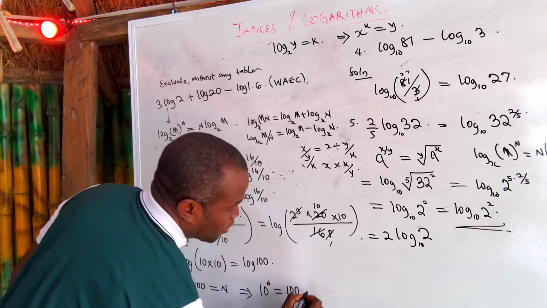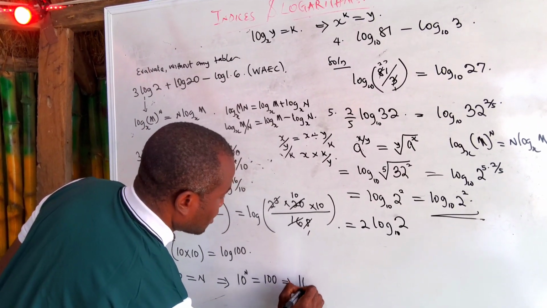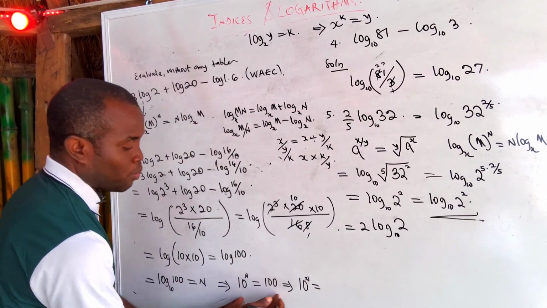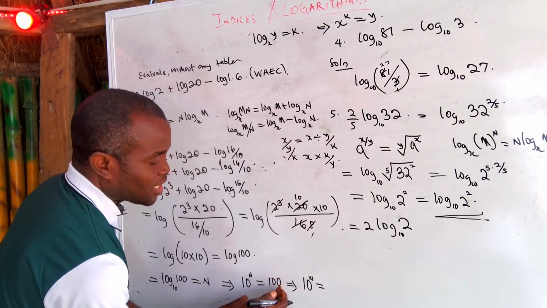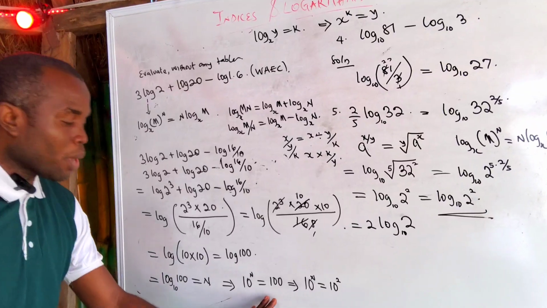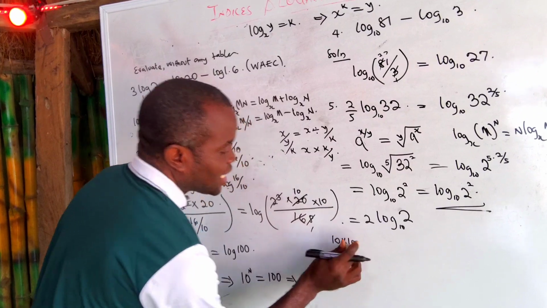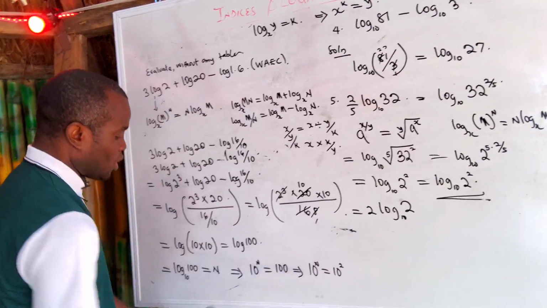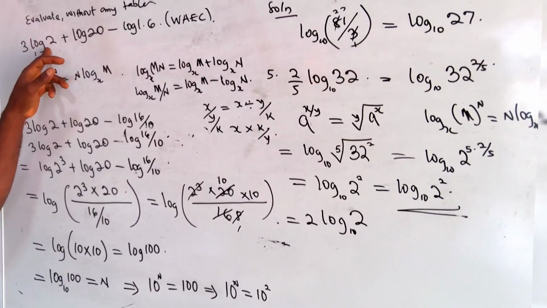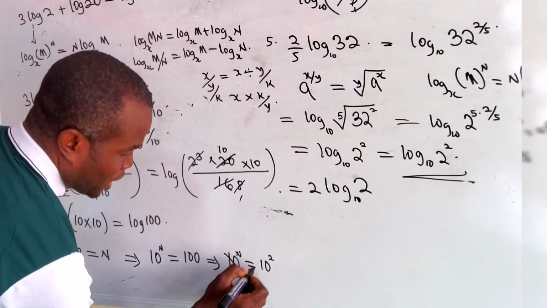So if you have something like this, 10 raised to power n equals 100, because you want to keep it in the same base. 100 is the same thing as 10 raised to power 2, because 10 raised to power 2 means 10 multiplied by 10, that is 100. Remember, like I told you, if you have an expression without the log being given a base, it simply means base 10. So this base can cancel this base here.